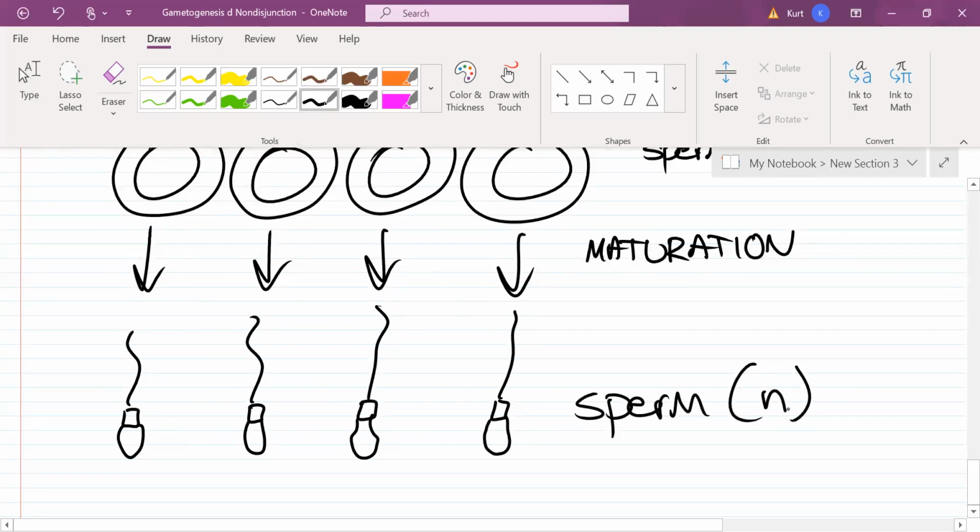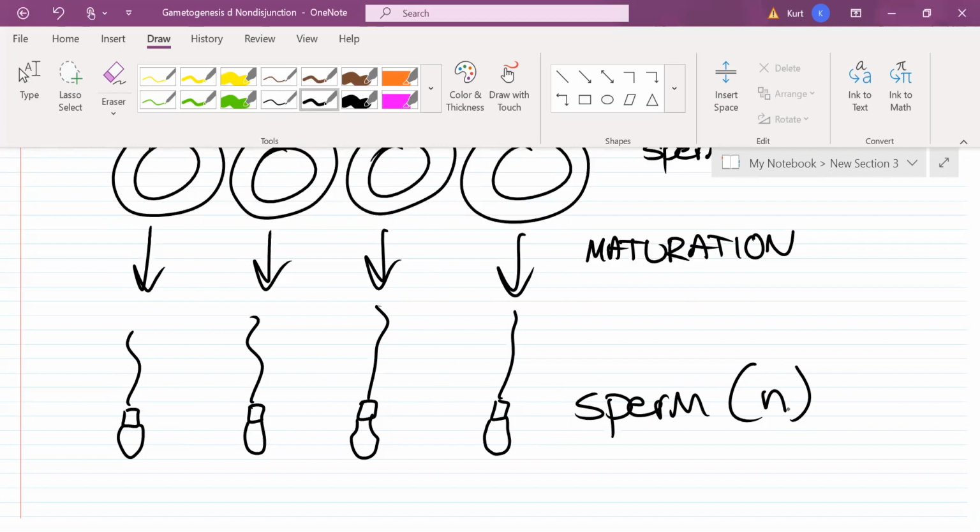A flagellum, which is the tail, helps it swim. A bunch of mitochondria. And what do mitochondria make? ATP to give the sperm cell energy to swim. And then the head of the sperm cell, which is where the nucleus is, where half of the father's DNA is located.